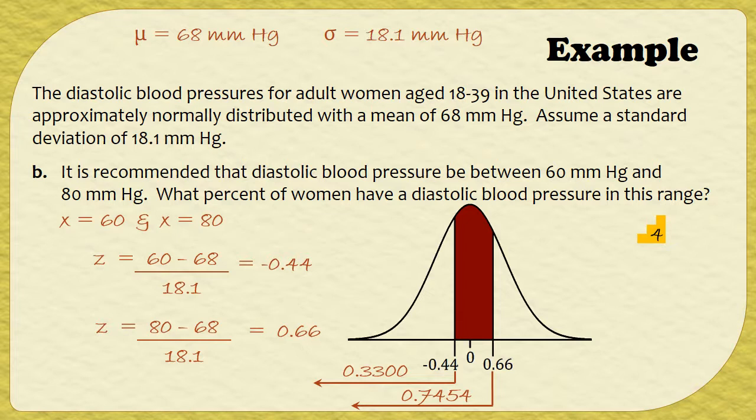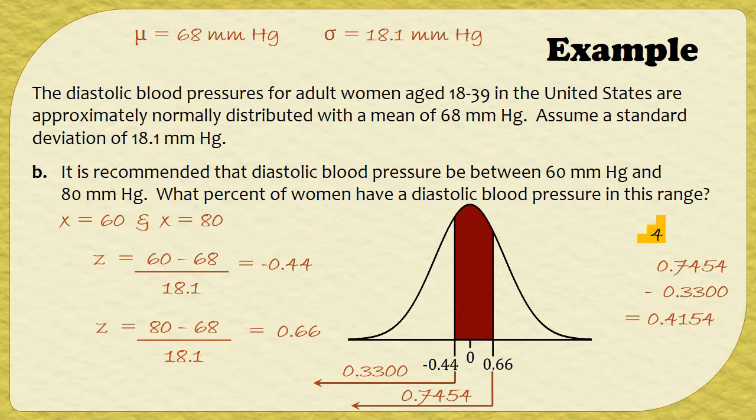Since this is a between problem, that means we're going to have to subtract the two values we found from the standard normal table. In this case, that means we're going to have to subtract 0.7454 minus 0.3300. When I carry out the subtraction, I end up getting 0.4151.